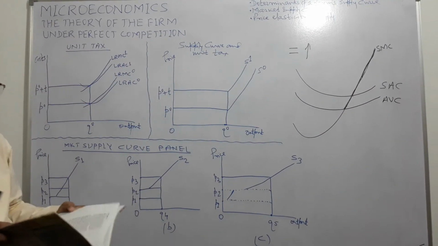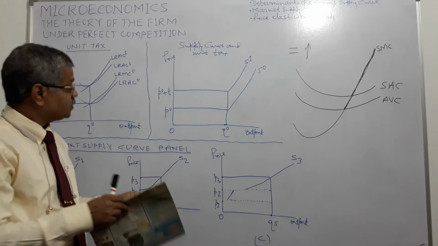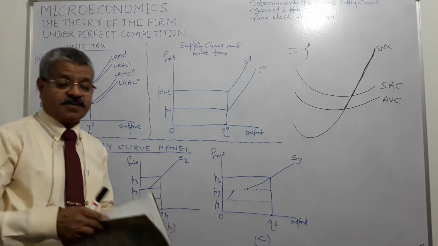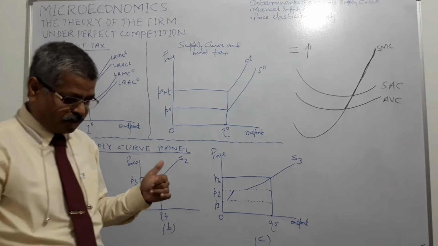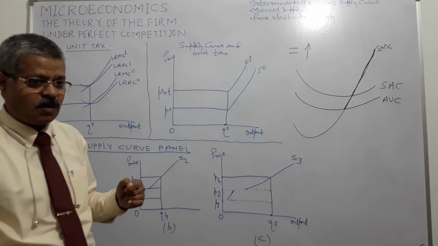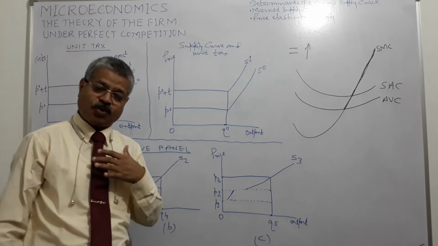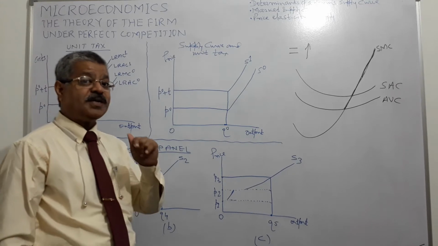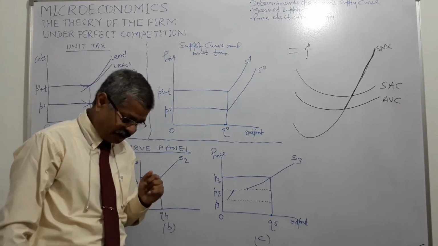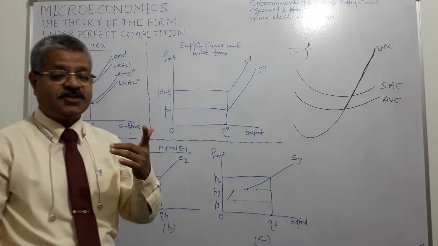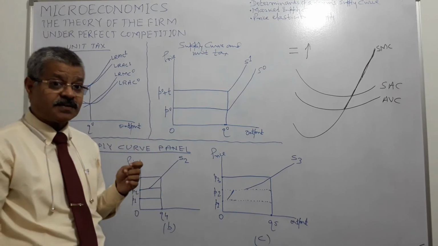Then we go to the third item, unit tax. Suppose government has imposed a tax of 2 rupees on per unit of production that I produce, and I produce 10 units, so I pay 20 rupees of unit tax. Tomorrow when the unit tax is increased, then what happens?